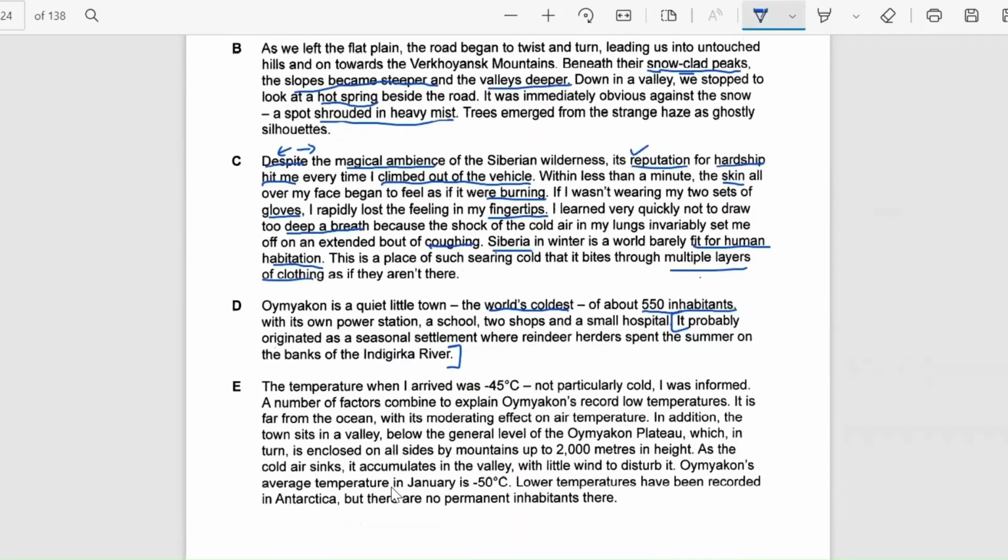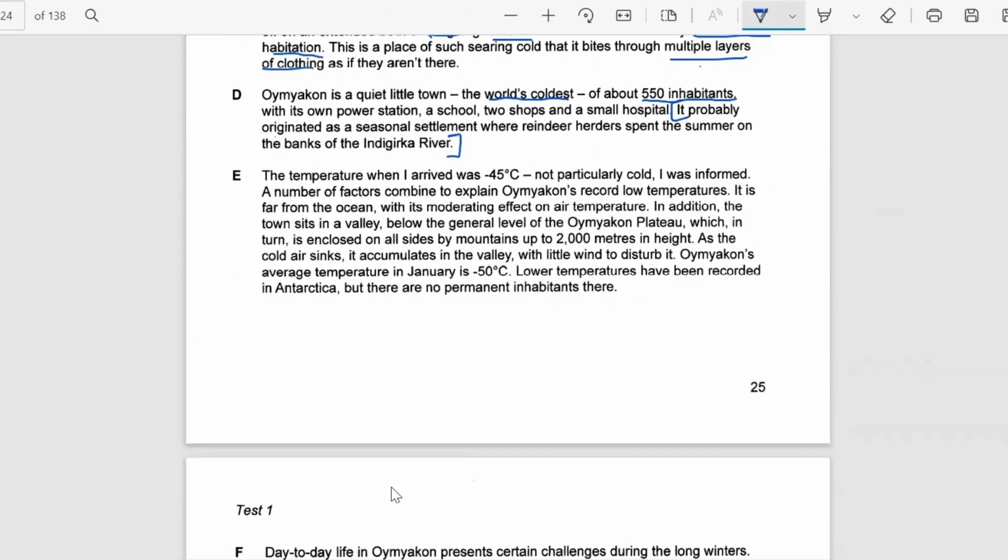Okay, let's quickly go to E. Now, E is talking about the temperature, which was minus 45 degrees, and it is not particularly cold. That is what he was told by people who were living there, perhaps. And there are other records of low temperatures. And why? Now, it is giving us the reason why. So, it's saying it is far from the ocean.